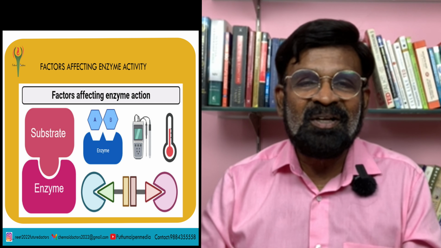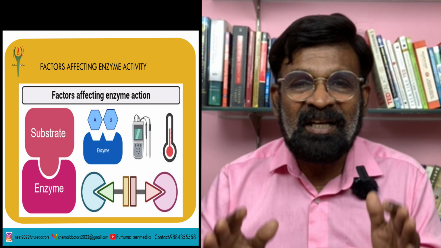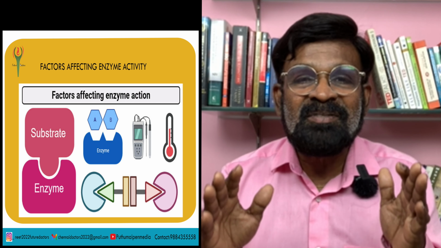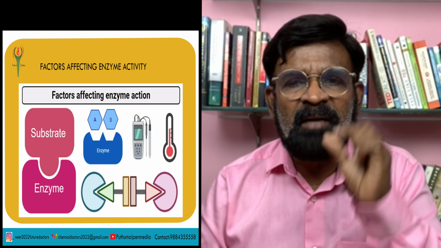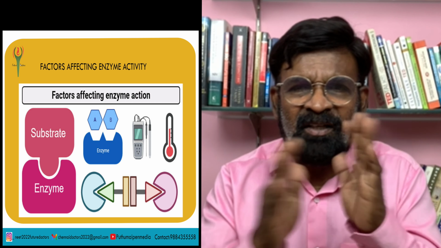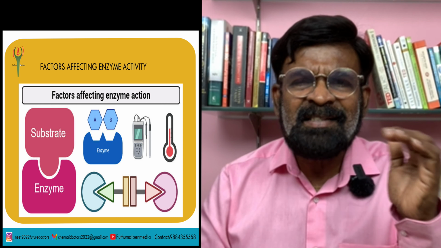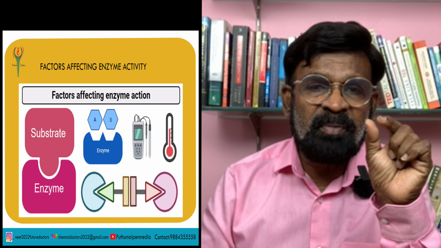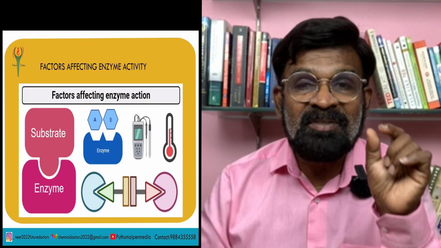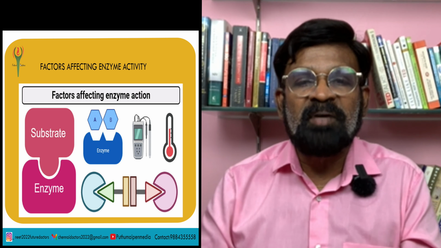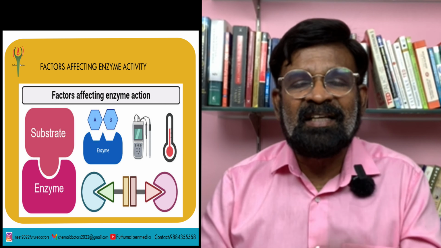Enzymes generally work at a narrow range of temperature and pH. Even with slight alteration, the enzymes will not work. Enzyme shows highest activity at a specific temperature and pH, known as optimum temperature and optimum pH. Example, amylase functions at 37 degrees centigrade.